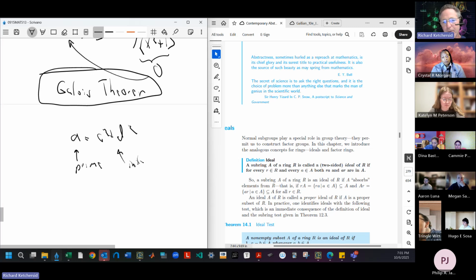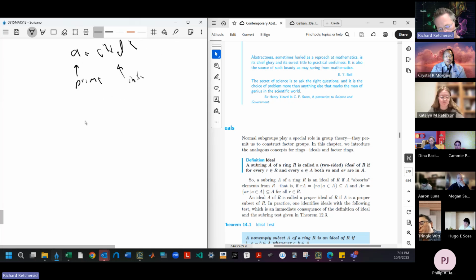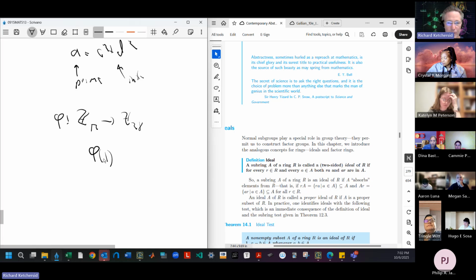An example that's also in the notes is, what are the homomorphisms between Z12 and, say, Z28? This is a good question to think about. Ring homomorphisms, right? And there are actually two things you have to think about, because it's going to completely depend on where phi of 1 goes.